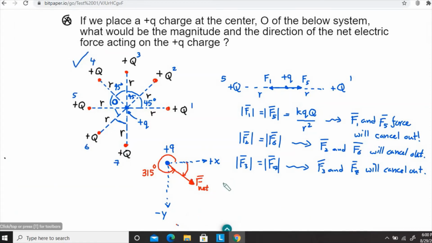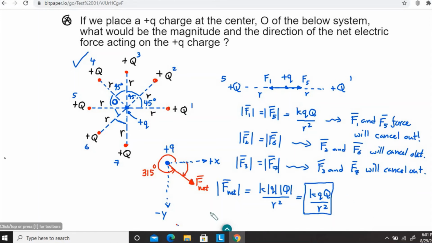So the magnitude of F net would be simply K times magnitude of q times magnitude of big Q, divided by R squared, or we can simply write it as K lowercase q times uppercase Q over R squared. So that gives you the magnitude of that force.